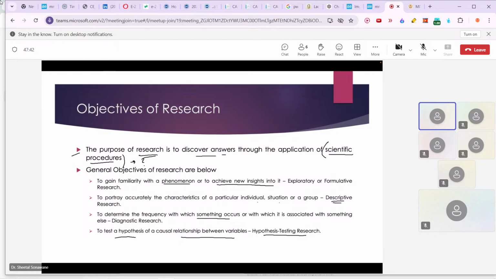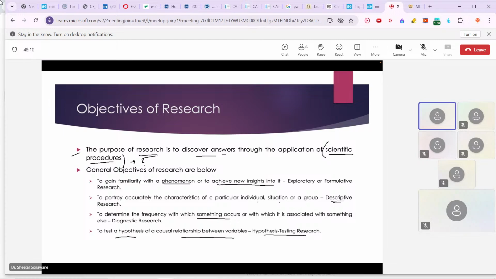The first objective is to gain familiarity with a phenomenon or achieve new insights. So understanding the problem, finding your own interpretation, and reaching the conclusion that this problem exists because of certain limitations.